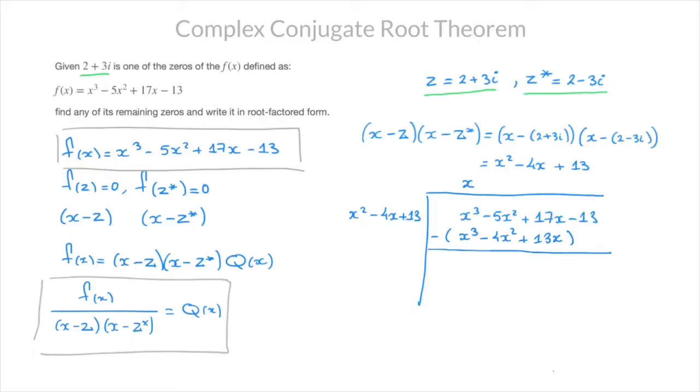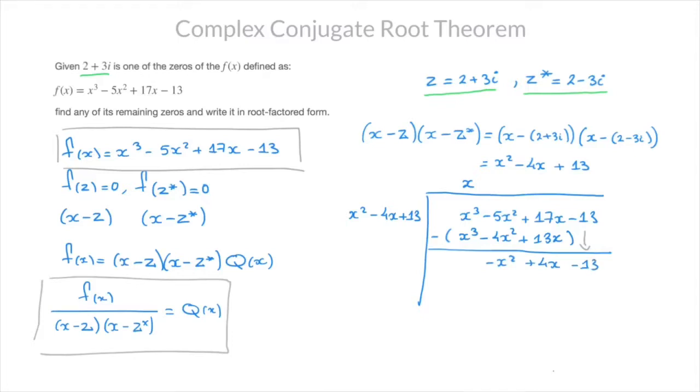So I have x cubed minus x cubed, so that's 0, negative 5x squared minus negative 4x squared, so that's negative x squared, and 17x minus 13x, which leads to 4x, and finally, I carry down this negative 13, so I have negative 13 at the bottom here.